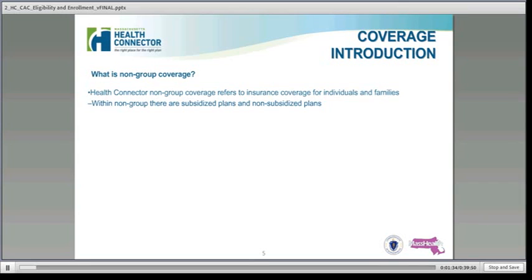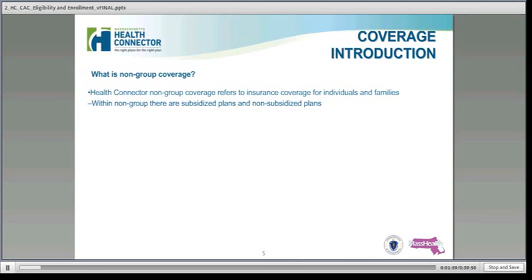At the Health Connector, we're going to be offering qualified health plans. In the past, we had offered Commonwealth Care plans and Commonwealth Choice plans. But now, we're thinking about our world in non-group and small group buckets. So we'll try to keep the lingo to a minimum. We're just talking about individuals and families.